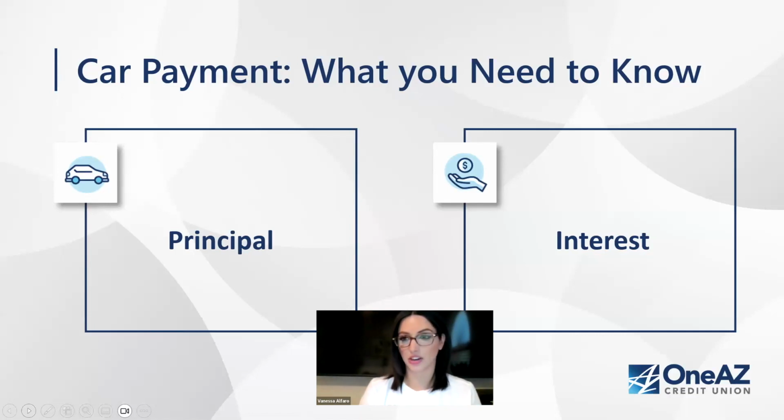So unlike unsecured, auto loans are considered secured debt, which is why you see much lower rates on an auto loan than you would see on a credit card or a revolving line or loan. So what we need to know, we saw earlier the example of the front end loaded loans, and typically what you're going to see on an auto is that the majority of your payment up front is going to go towards interest.